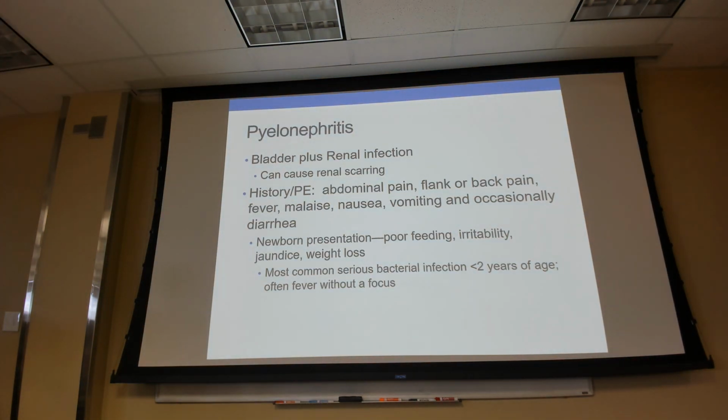When you have the renal involved, now you're at pyelonephritis, it can cause that renal scarring because you have that inflammatory response from that infectious process going on in the kidneys. This one is a little bit more severe because now your filters are involved. So it's not just your collecting tank that is infected, now your filters are actually involved. And so systemically, you feel terrible.